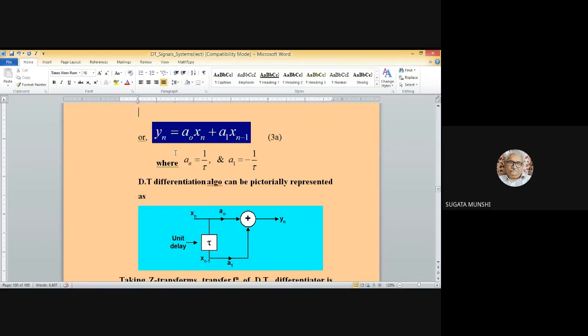You know why? Because delaying a certain sequence by one sample means in the Z domain multiplying the Z transform of the input sequence by z to the power minus 1. So that's why often instead of tau, z to the power minus 1 is also written here.